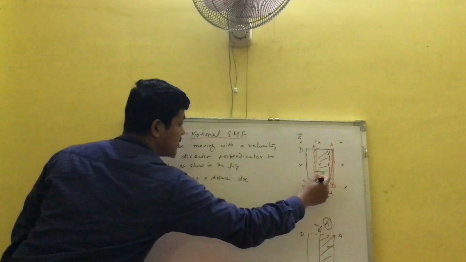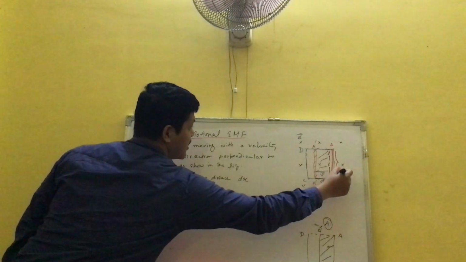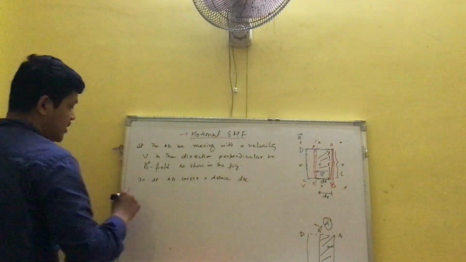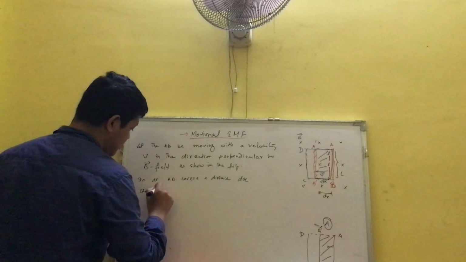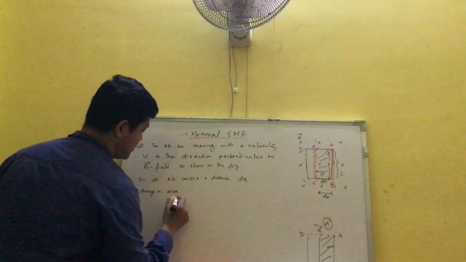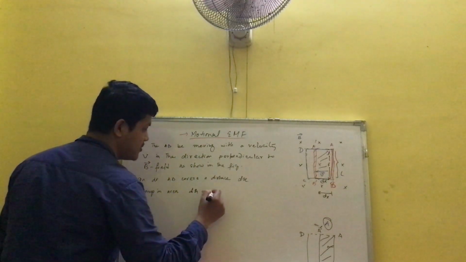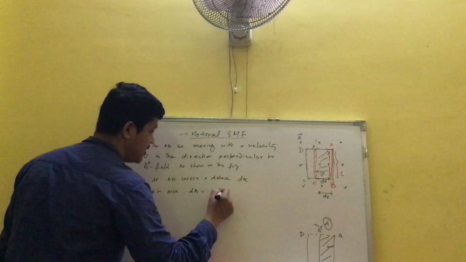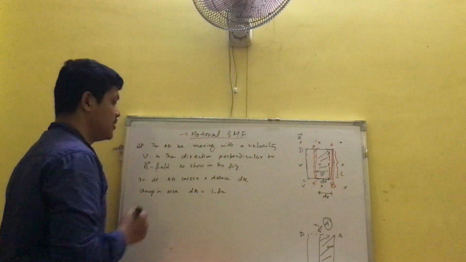This distance is dx and its length is L. We have considered that. Therefore, change in area dA is equal to L into dx, right? This is the change in area.